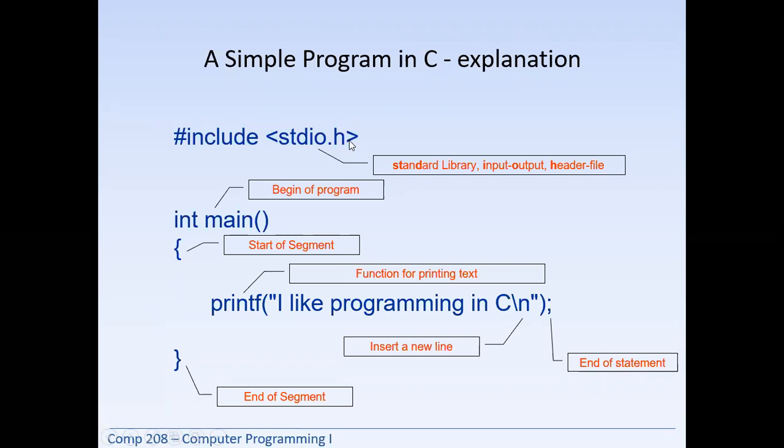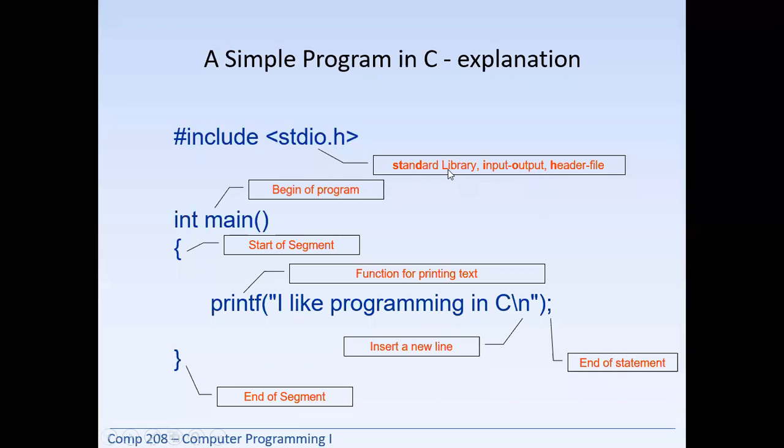Standard input output .h is the standard library for input and output, called a header file. So the first thing in any programming language, not C only, is to import the library that you want to use.